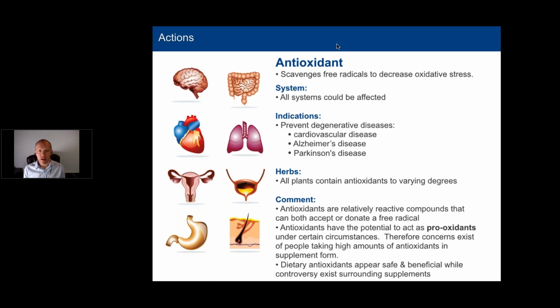Now, a diet that's rich in fruits and vegetables tends to have lots and lots of antioxidants in it. The classic antioxidants you can think of would be vitamin C, vitamin E, vitamin A, and beta carotene. Those are the micronutrients that have antioxidant abilities.